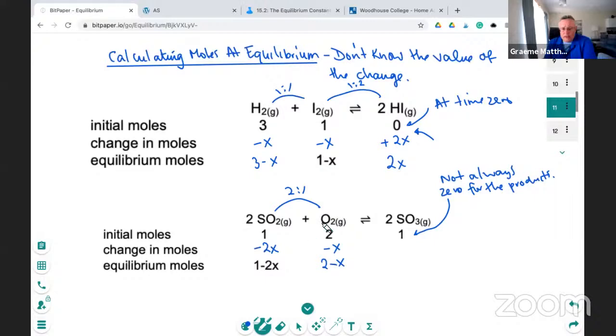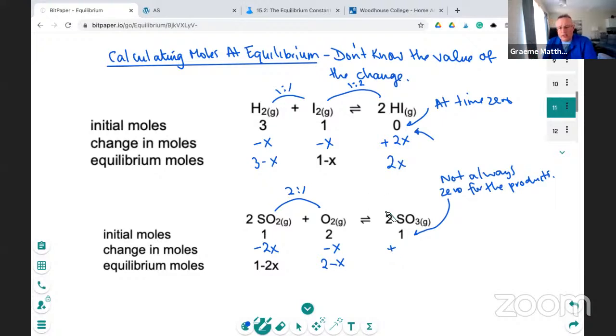And then on this side, this is going to be positive. Why? Because if it's negative on one side, it has to be positive on the other, right? You're thinking the pendulum going back and forth all the time. So you can't have negative on the reactant side and negative on the product side. You can't have positive on the reactant and positive on the product. It's got to be negative on one side and positive on the other, right?